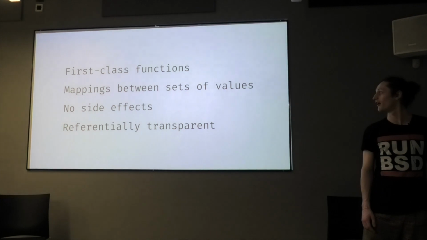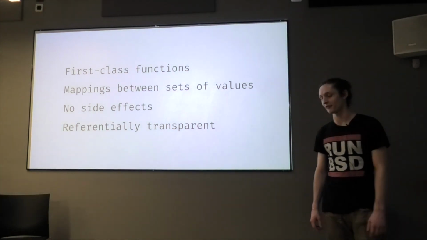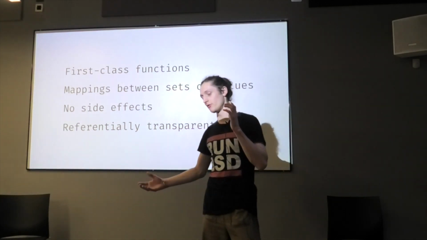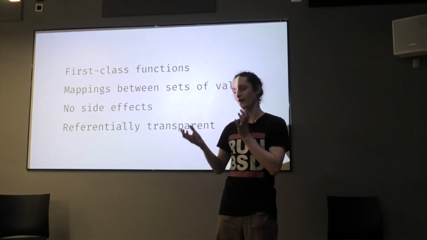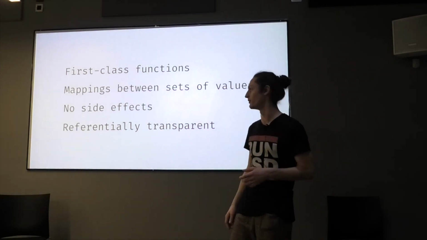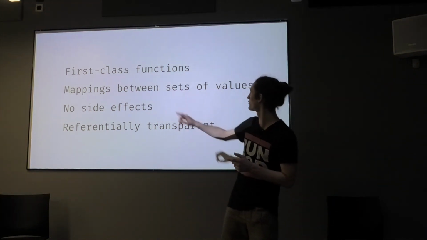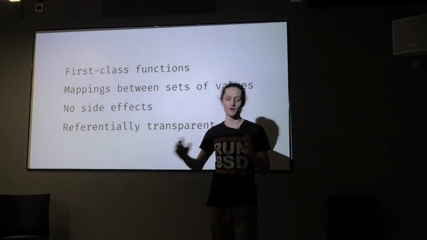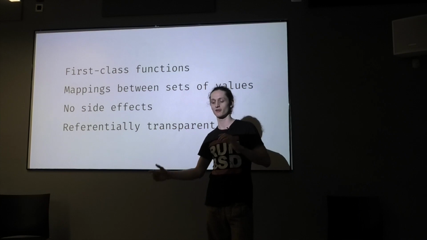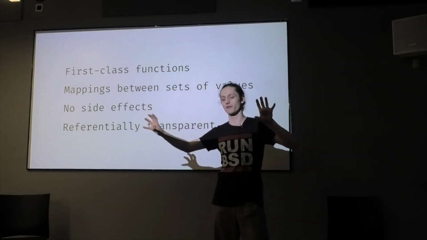So the big thing with functional programming is you treat functions as values, just like you treat integers or booleans or anything like that. And you think of functions as mappings between things. They are just immutable relationships between different sets of values.